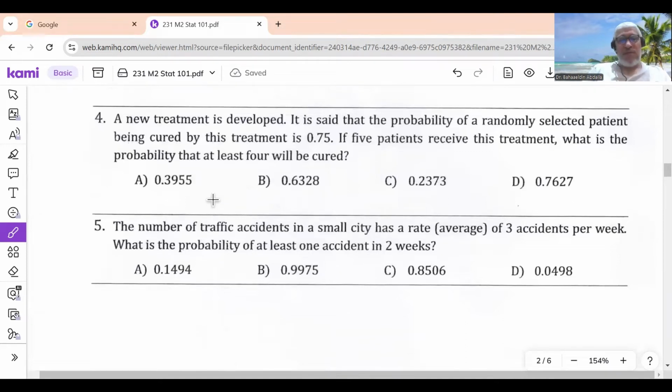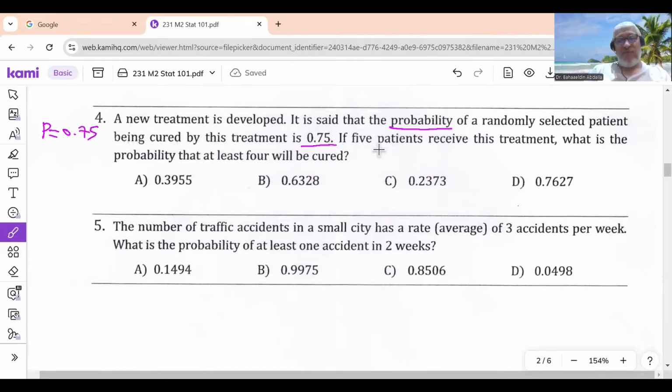A new treatment is developed. It's said that the probability of a randomly selected patient being cured by this treatment is 0.75. So 0.75 is a probability, and we can call it P. P is 0.75.